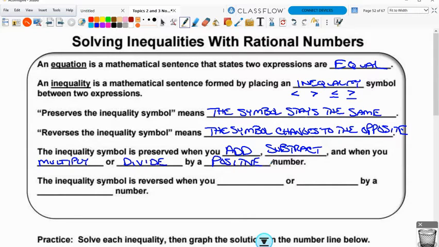Multiplying and dividing by positive numbers preserves the inequality symbol as well. The inequality symbol will reverse only when you multiply or divide by a negative number. Okay, multiplying and dividing by negative numbers will reverse the inequality symbol.